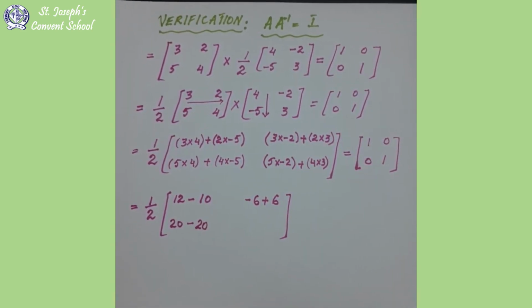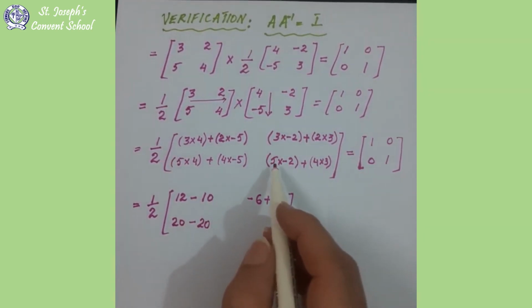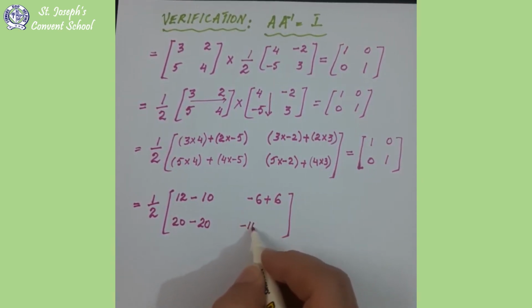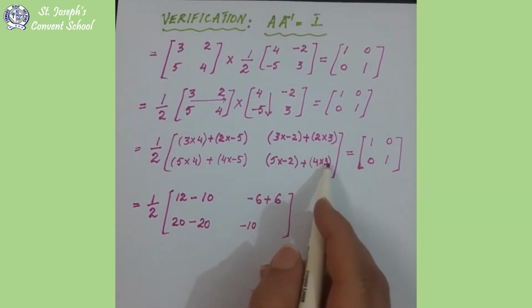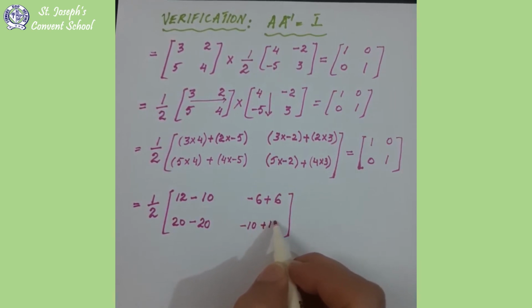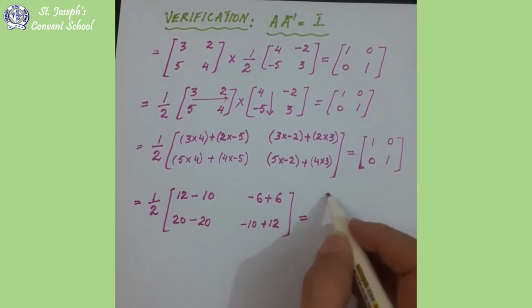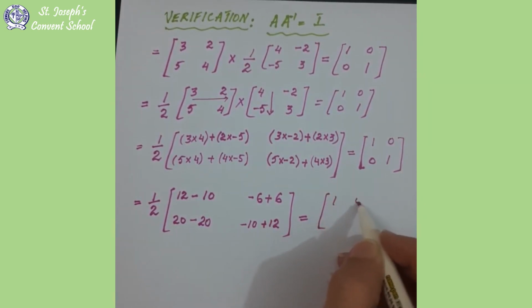Now again, next one. 5 into minus 2, 5 2s are 10, minus 10. Next 4 3s are 12, plus 12. So this is equal to 1, 0, 0, 1.